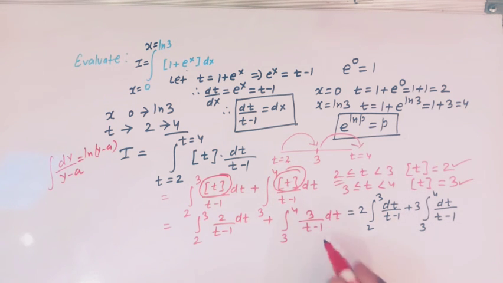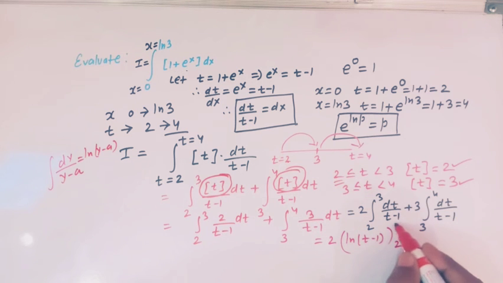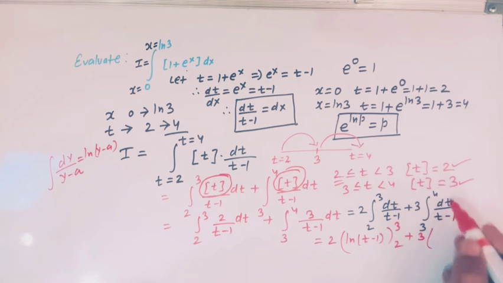So we write 2 times the integral of 1 over t minus 1, which is log of t minus 1, with limits from 2 to 3. Then 3 times the integral of 1 over t minus 1, which is log of t minus 1, with limits from 3 to 4.